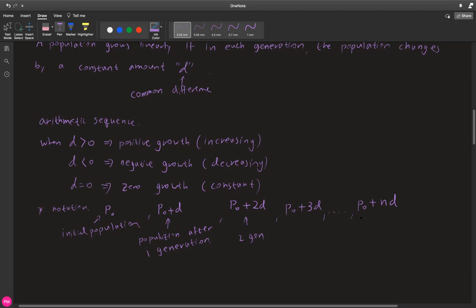So in this case, this is the population after n generations. And this is actually our explicit formula.